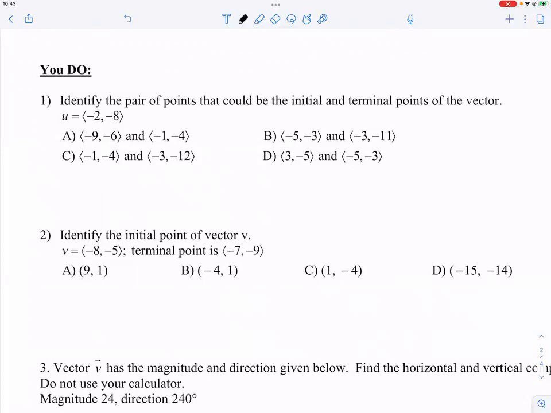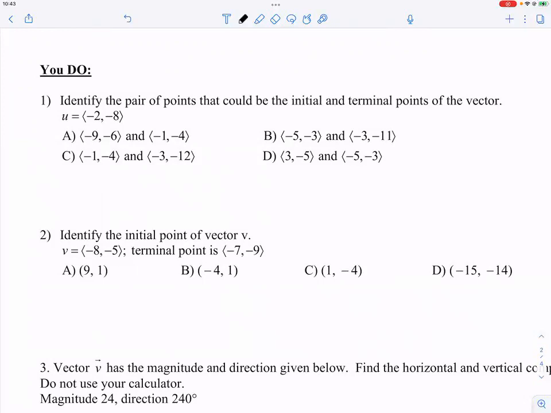Which of the following pairs would indicate a move to the left 2 units and down 8 units?